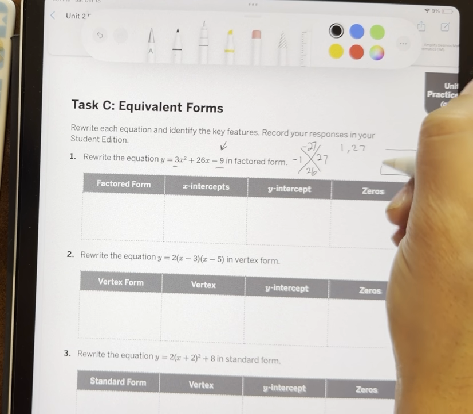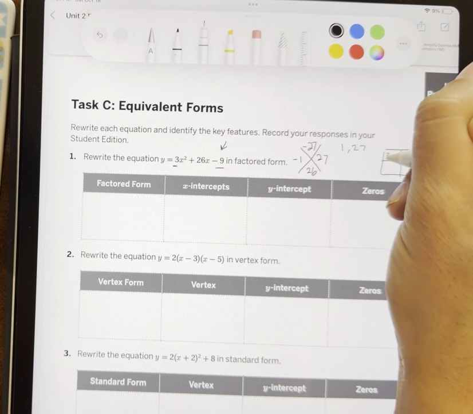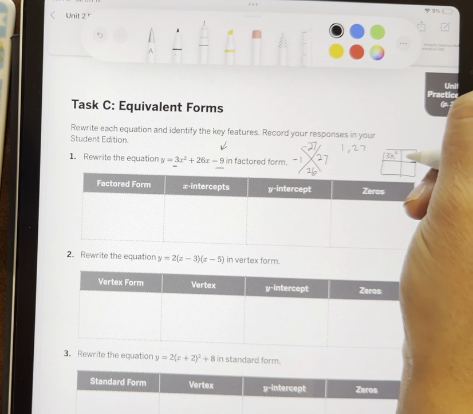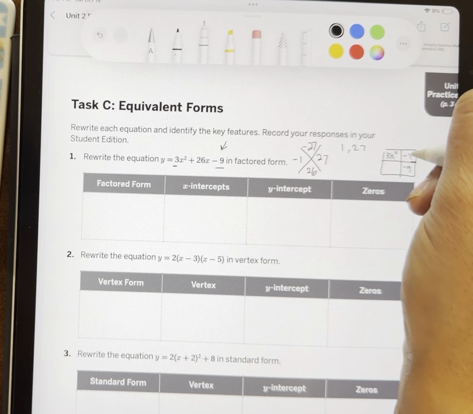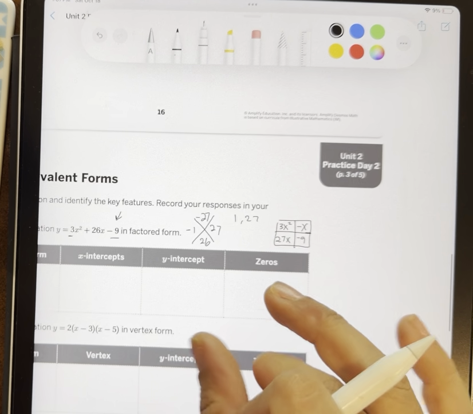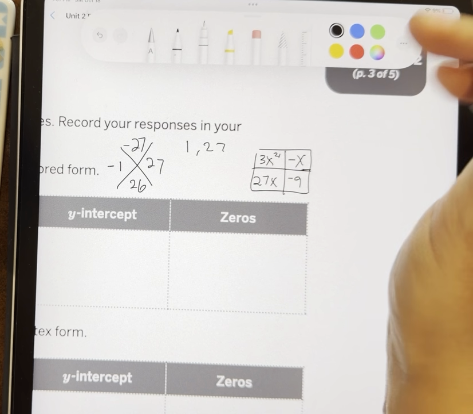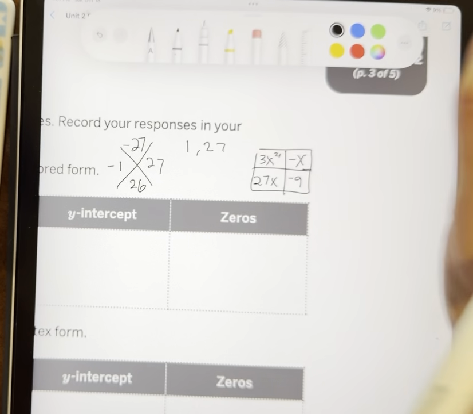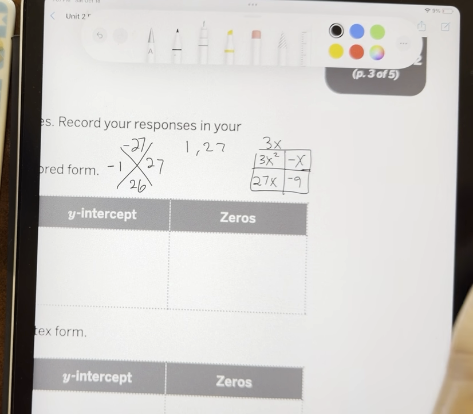And then I'm going to go to the box. 3x squared, negative 9, negative x, 27x. And now I'm going to take stuff out. 3x squared and 27x have in common a 3x.